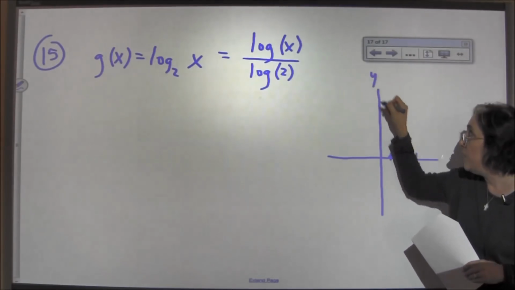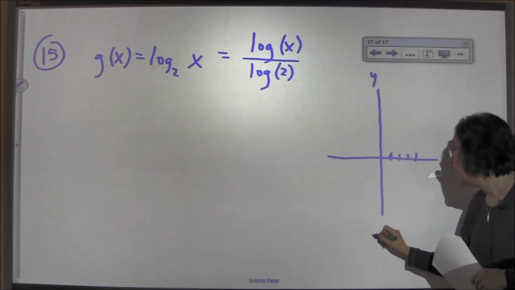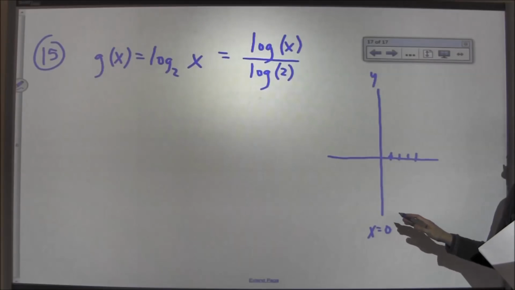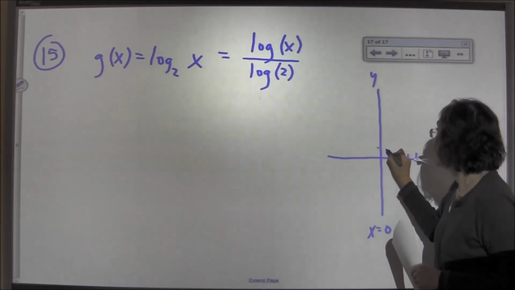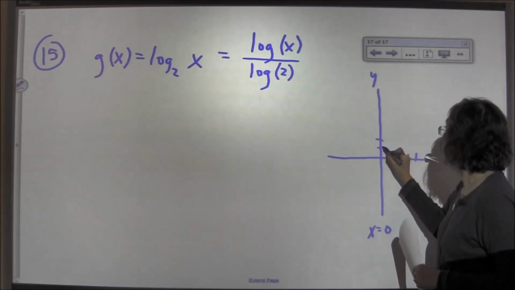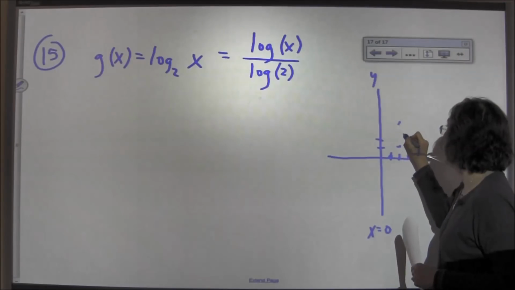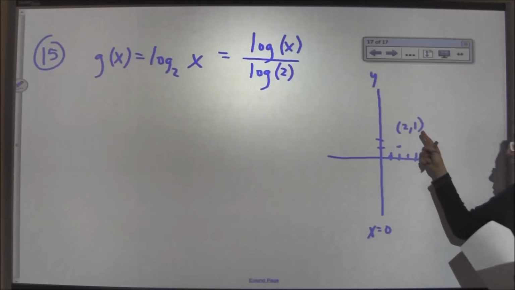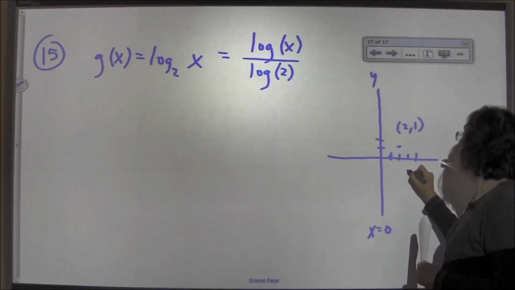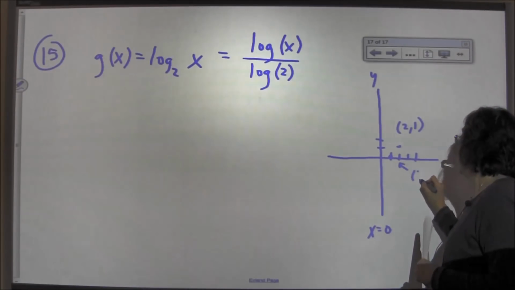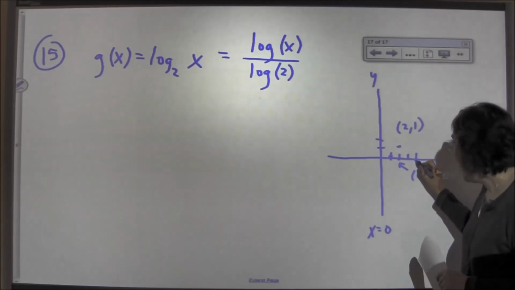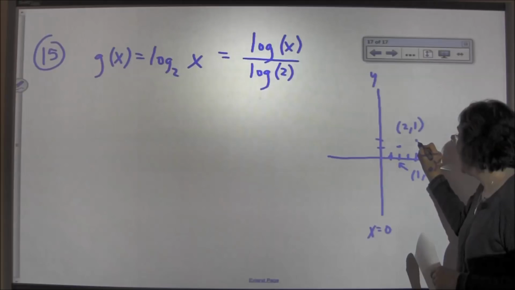The asymptote for the basic logarithms is the vertical line x equals 0. Okay, 2, 1 would be a point, and this is labeling. That's what they mean by label everything. So the point 2, 1, the point 1, 0. One more point would be 4, 2.